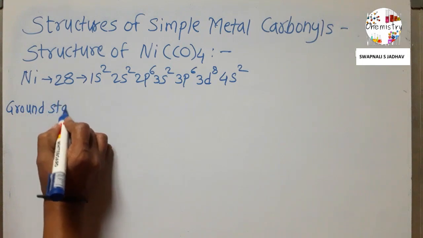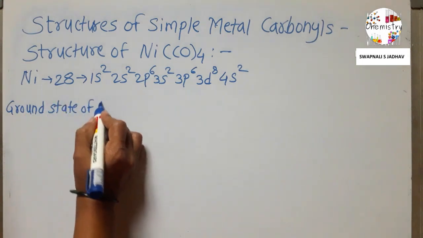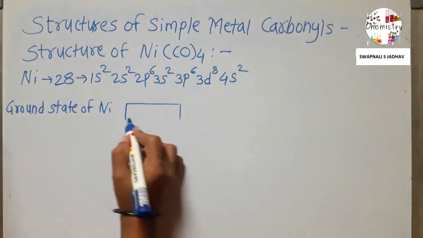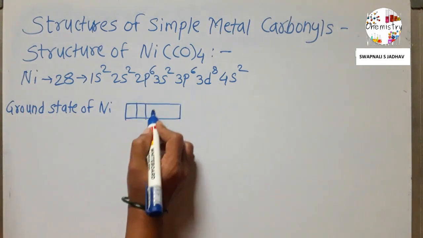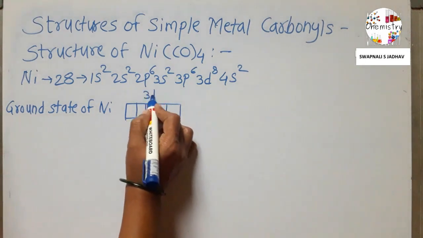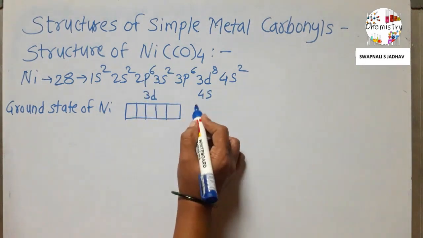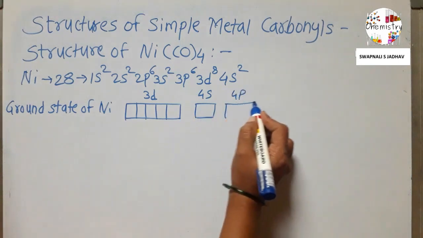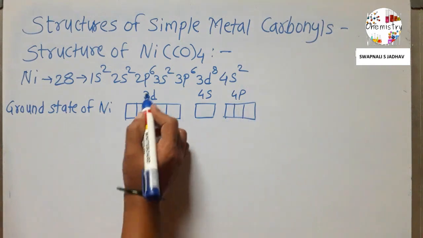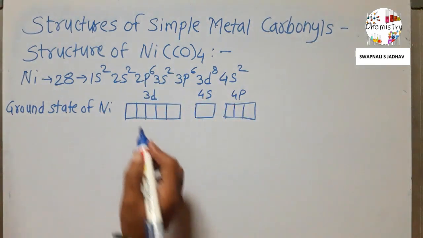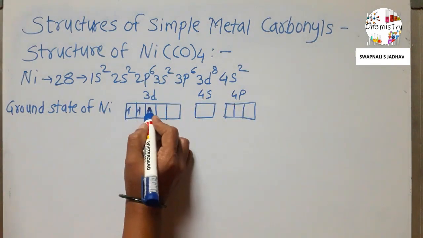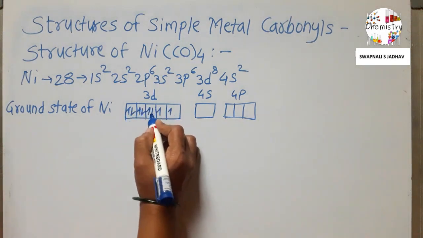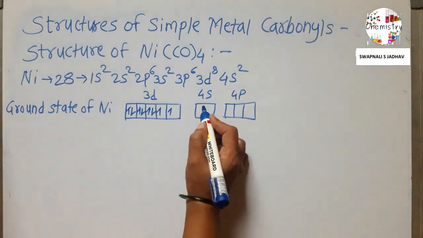Okay, so we can write the ground state of nickel as, so here which outermost orbitals are present? 3d, 4s, and 4p. 3d contains how many electrons? 8 electrons. 1, 2, 3, 4, 5, 6, 7, 8. 4s contains how many electrons?